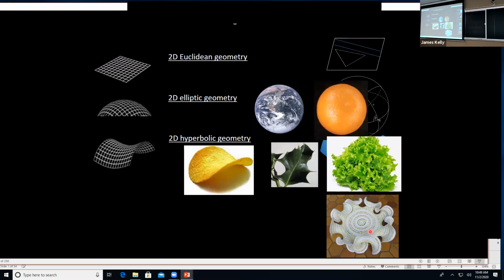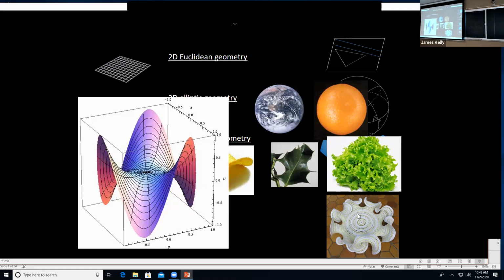Notice it looks flat at the beginning, but then it starts to get more and more tortuous as you get out from the center. Here's a Mathematica representation of something like the Pringles chip, only the Pringles chip goes up and down twice as you turn around in a circle, while this one goes up and down 3 times as you go around.